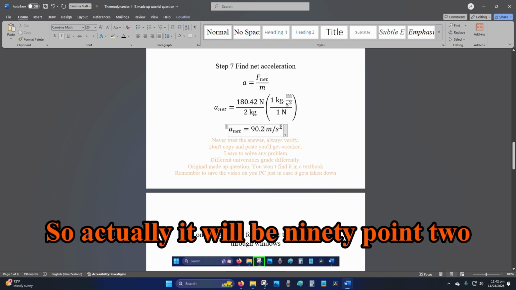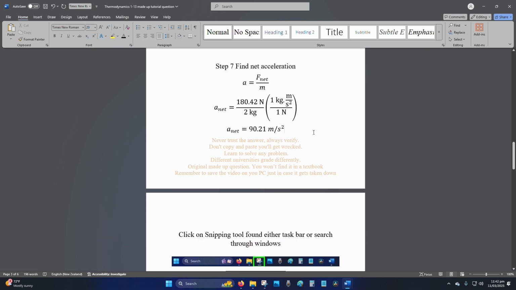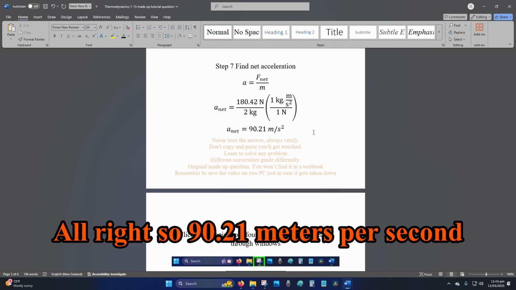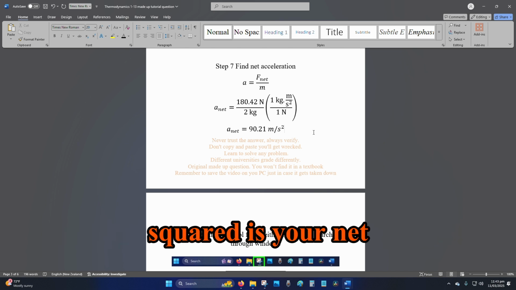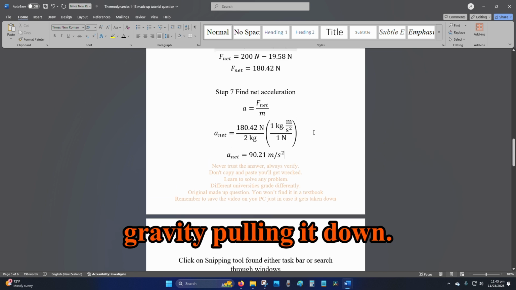So actually it'll be 90.21 if you want to go 2 decimal places. Alright, so 90.21 meters per second squared is your net acceleration for the stone being thrown up versus the gravity pulling it down.